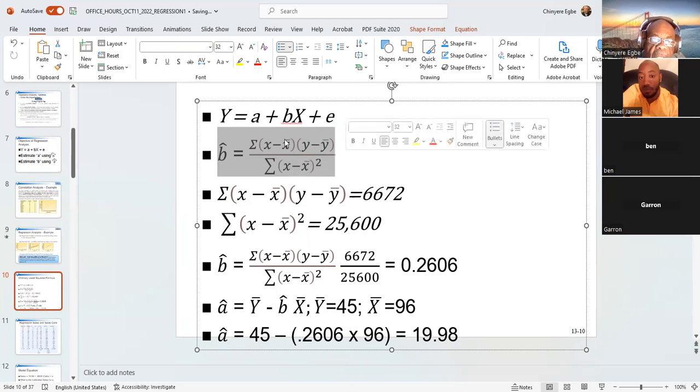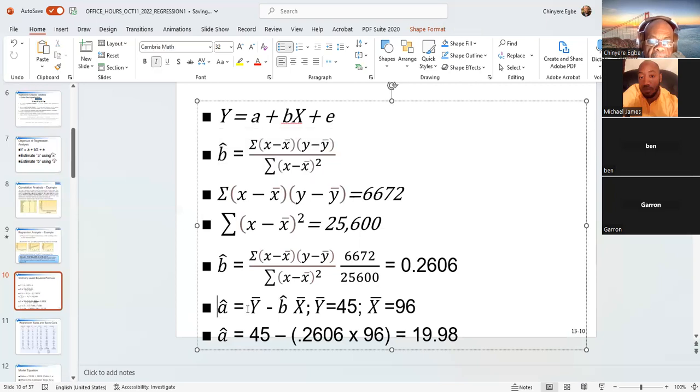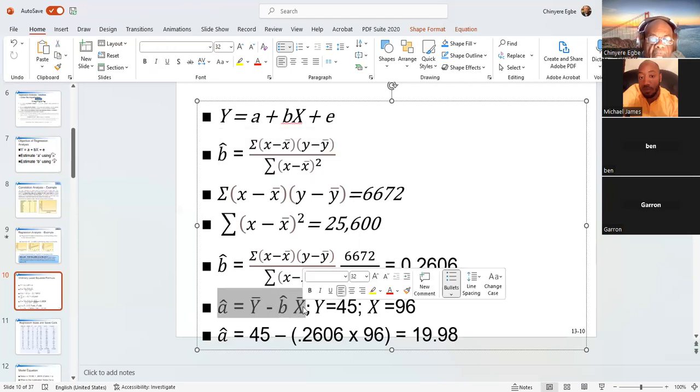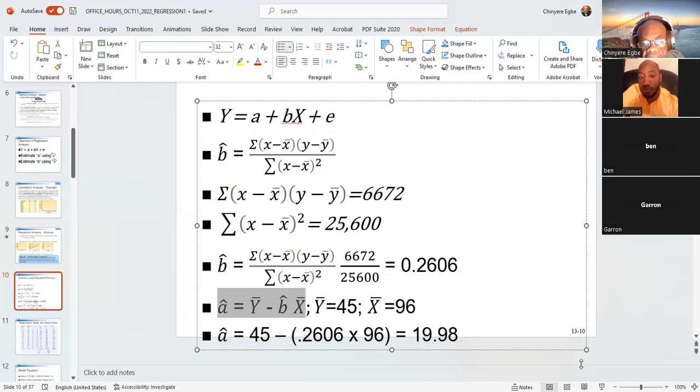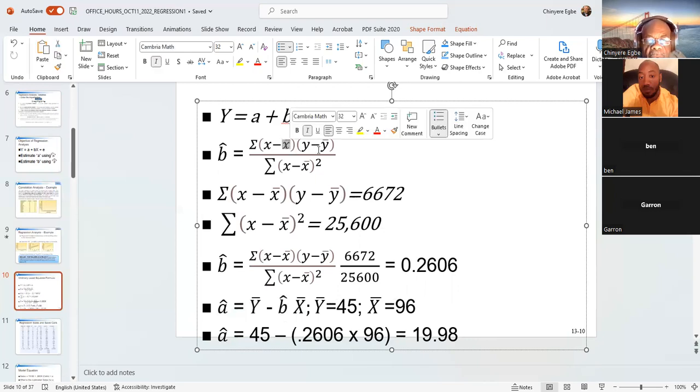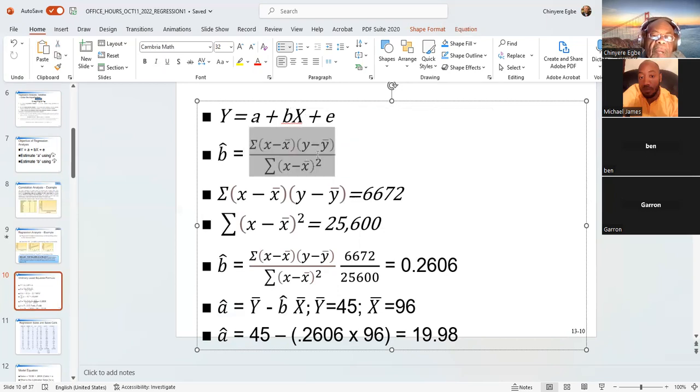And the A hat, this is how you estimate A hat, using Y bar minus B hat times X bar. Now, how do you then derive these numbers that you use? How do you obtain this? How do you estimate B hat using this formula that is here?